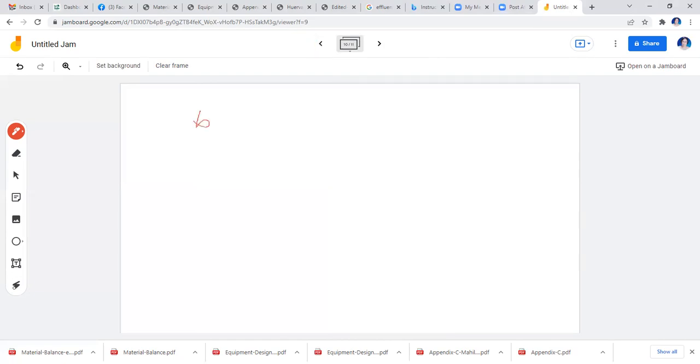So the b is negative 0.9071 and the n is 1.9563. If this is our b, negative 0.9071 equals the ln of k. So your k would be 0.40369.